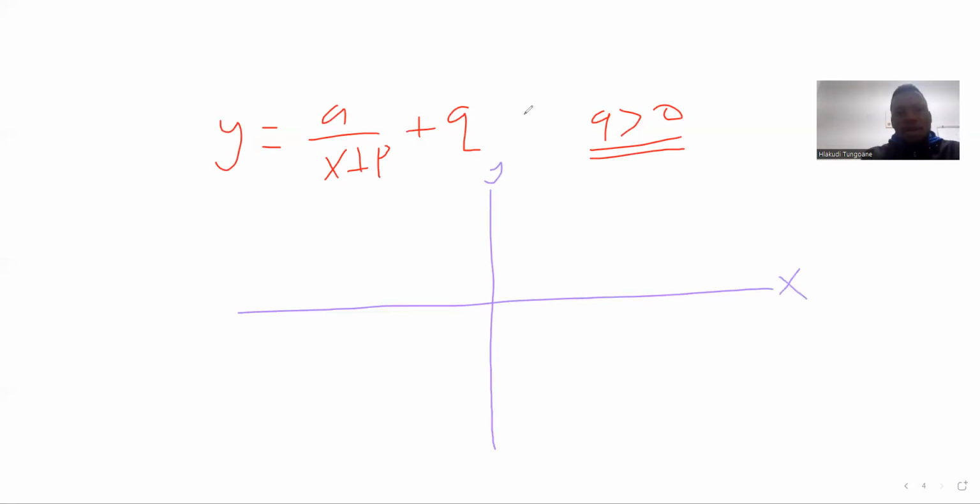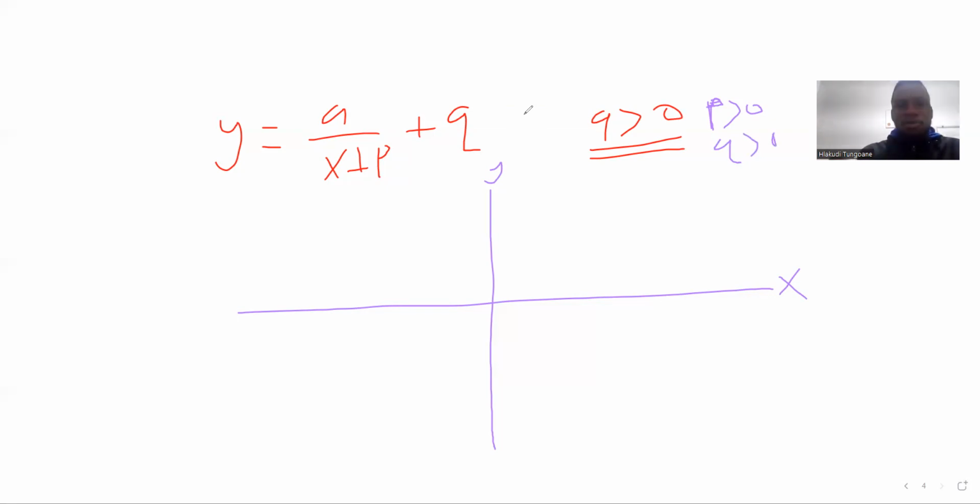But remember, we need to draw the lines of asymptote. So let's suppose P is greater than 0, positive, and Q is greater than 0. Let's suppose all of them are positive.